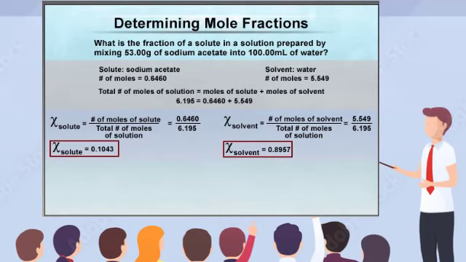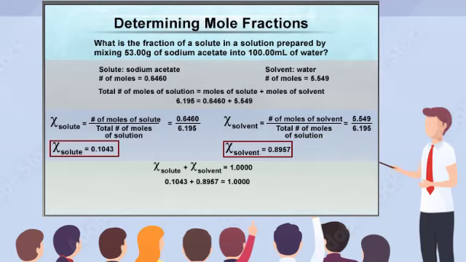To ensure that your answer is correct, add both mole fractions together. If their sum equals 1, then you have done the calculations correctly. The sum of 0.1043 and 0.8957 equals 1. Therefore, you can be assured you solved this problem correctly.